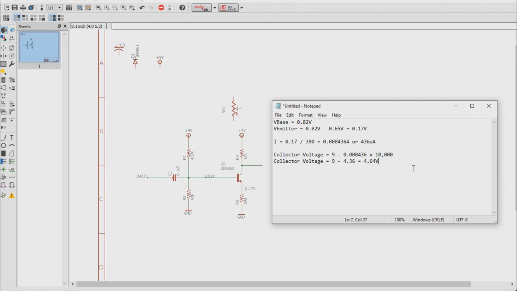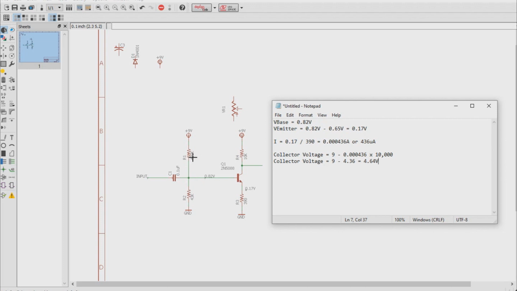But now let's look at what you would have to do to fix that value, to get it even closer, to be more precisely biased. We could, case in point, change the voltage divider, which is what you would most likely do.